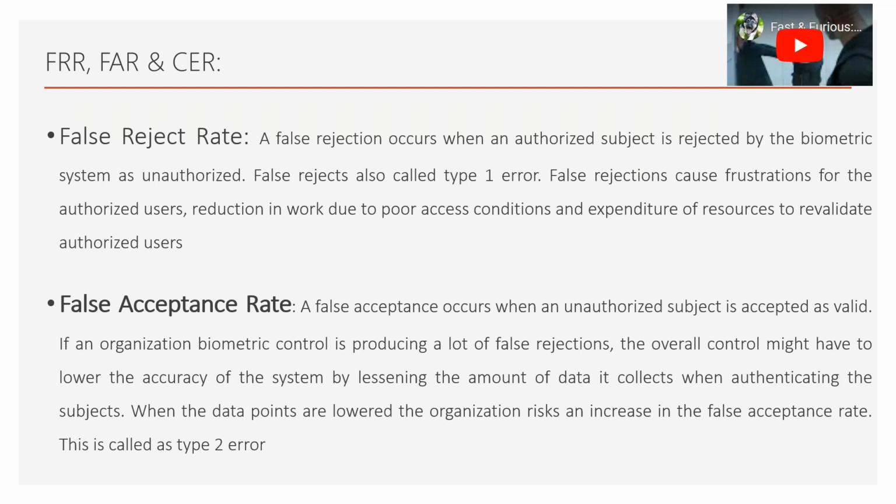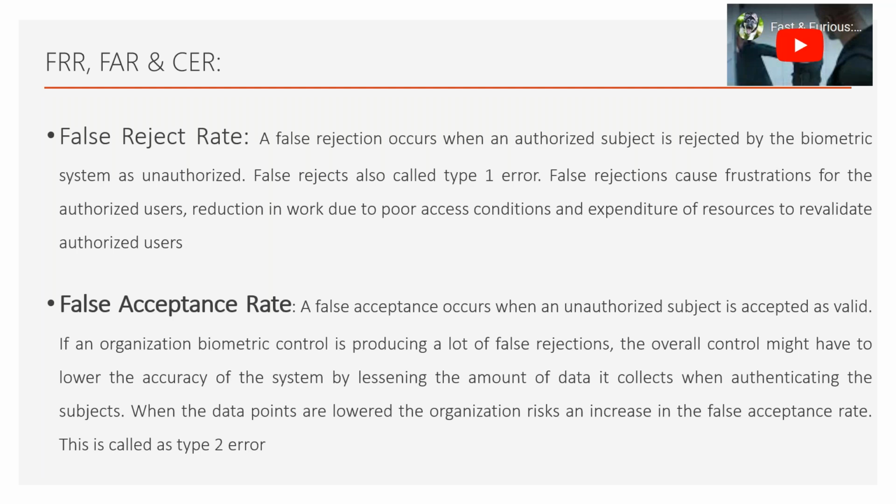There could be multiple reasons for this. Let's say you are using your fingerprint ID, and there are scratches on the thumb finger you are authenticating with. There might be a reason where FRR will not allow you to authenticate.